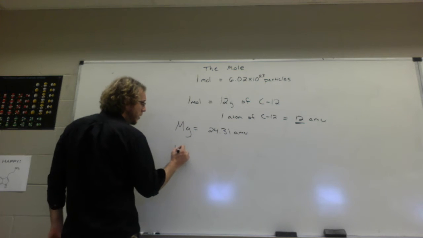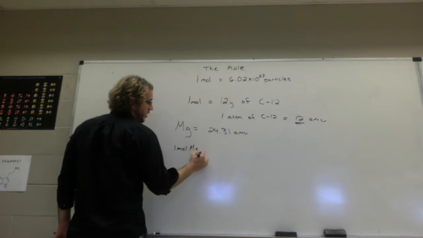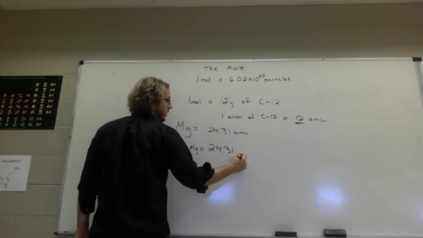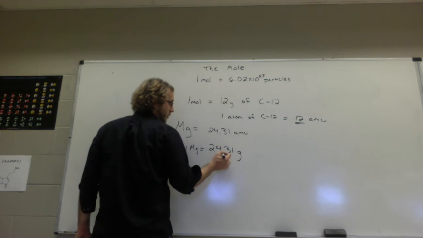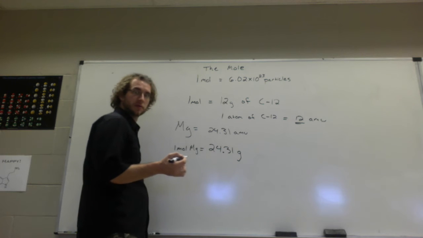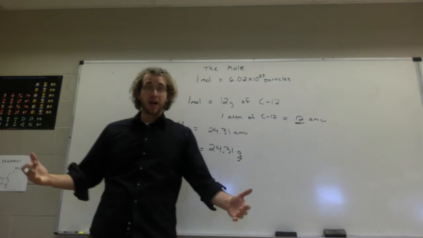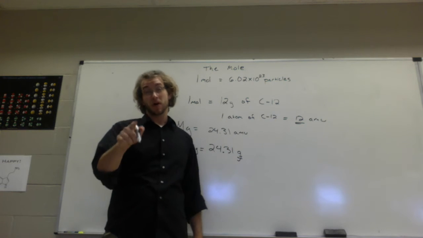A mole of magnesium would have a mass of 24.31 grams. This is huge. We can work with grams. We can't work with AMUs, but we can work with grams.